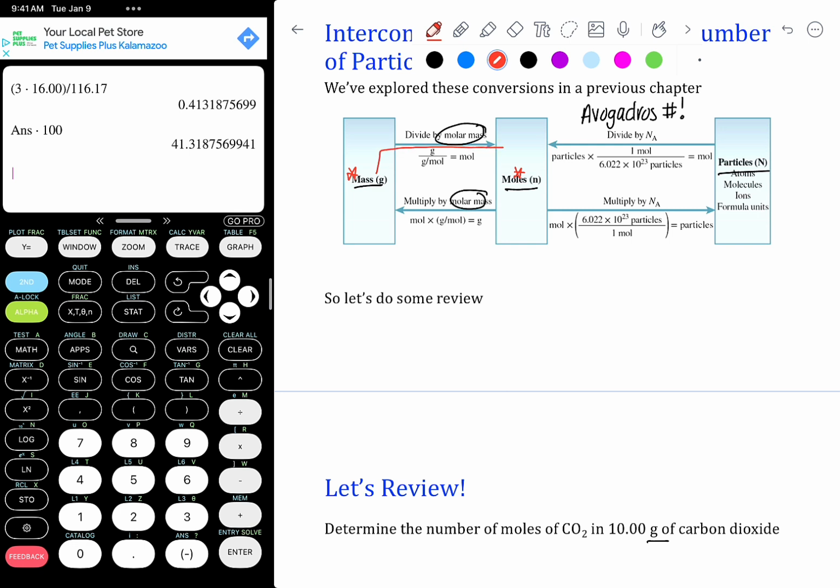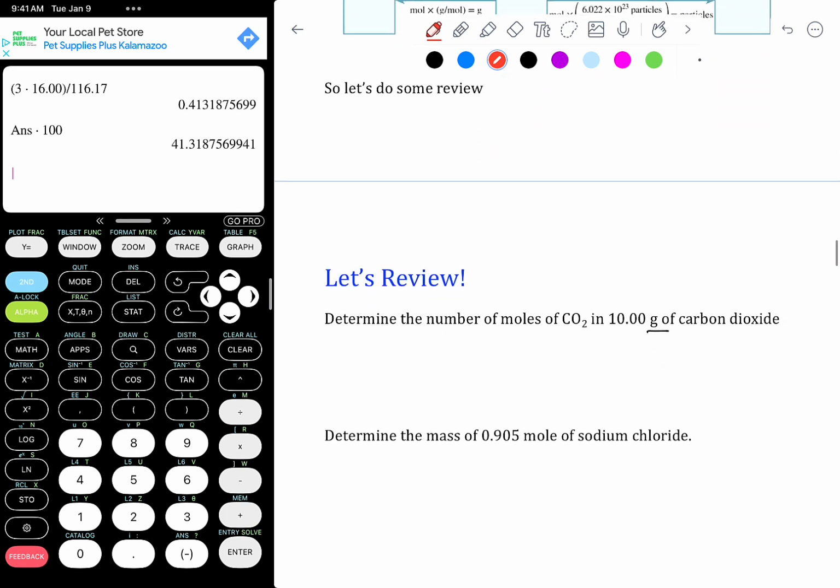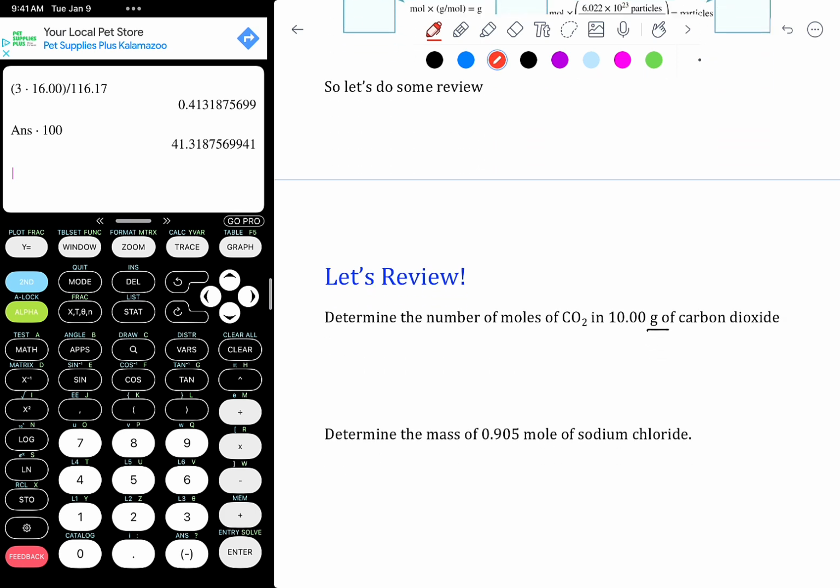So I need to divide by my molar mass, in this case the molar mass of the compound CO2. So to find the number of moles of CO2 from 10 grams of carbon dioxide, we have to find the molar mass of CO2 first. CO2 is equal to the mass of carbon, 12.01, plus 2 times the mass of oxygen.